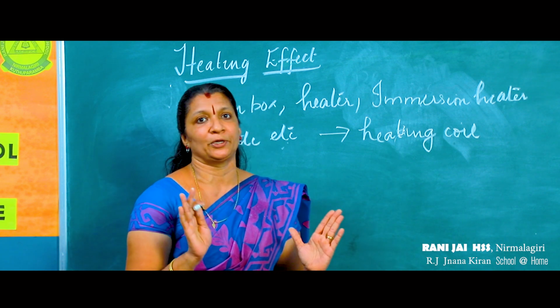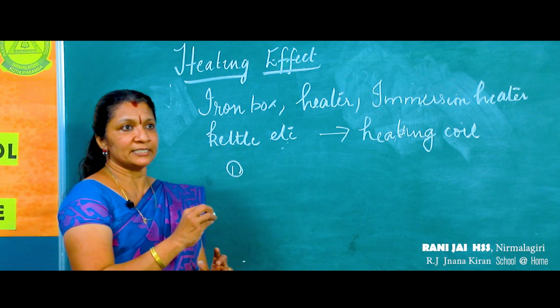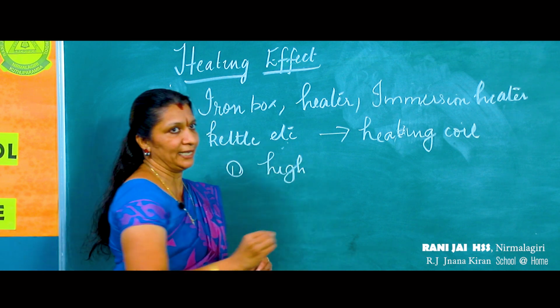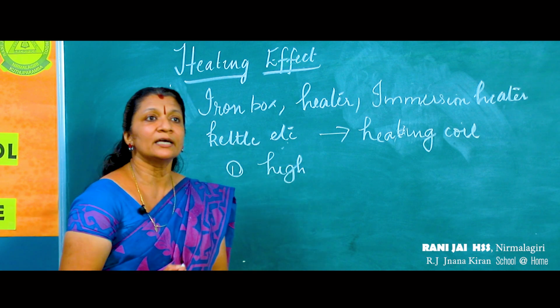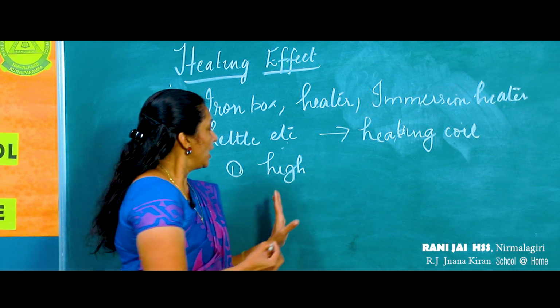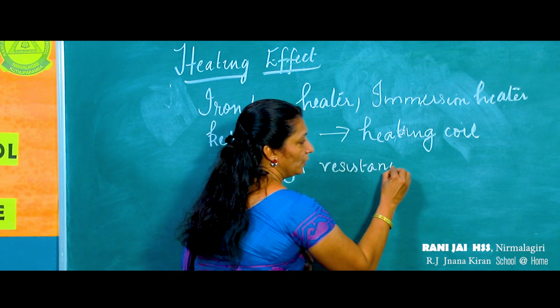What should be its peculiarities? The first peculiarity, as you have already studied in the heating effect, is that we are using nichrome, which has high resistance. Understood? So, high resistance is one peculiarity.